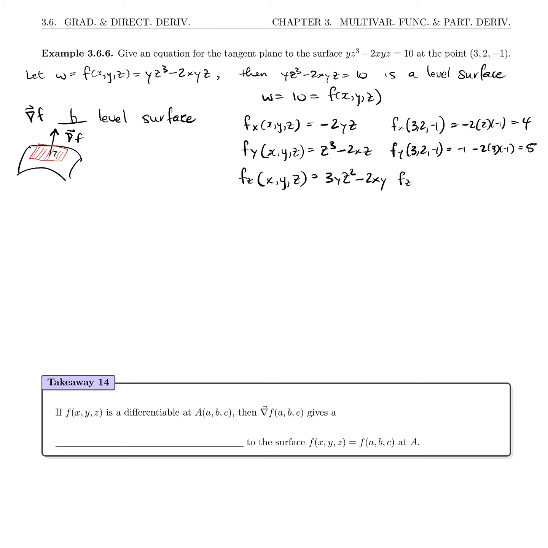And f sub z at (3, 2, -1) is 3 times y, which is 2, times 1, minus 2 times 3 times 2, so 6 minus 12 is minus 6. So our gradient vector is the vector (4, 5, -6), and this is going to be our normal vector.